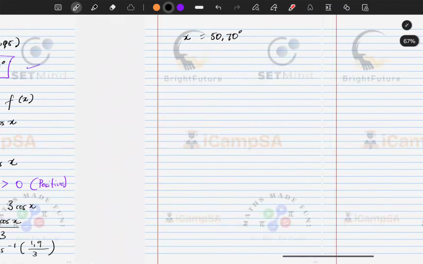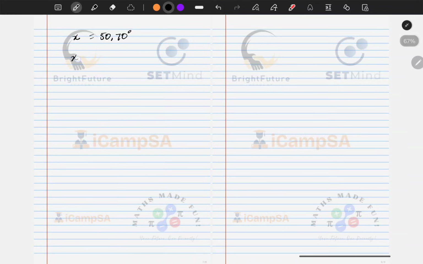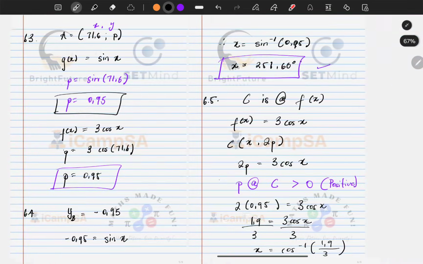So you are just going to say x is equal to 360 degrees minus 50.570. And then the answer that you are going to get is equal to 309.3 degrees, right?